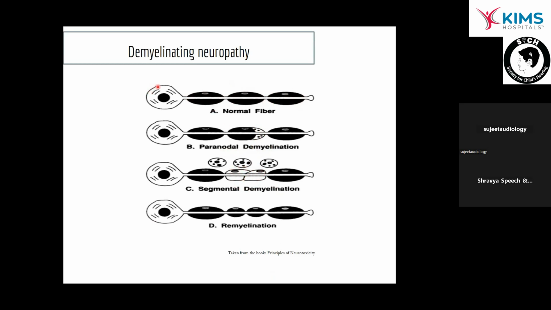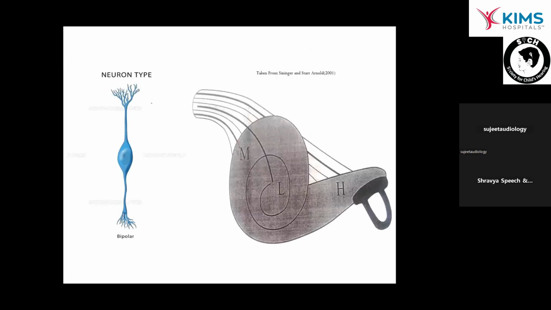In this, the action potential is going to be normal, whereas in this there will be a delay in the action potential. Here also there will be a delay in the action potential. The temporal aspect of the auditory signal will be affected here.